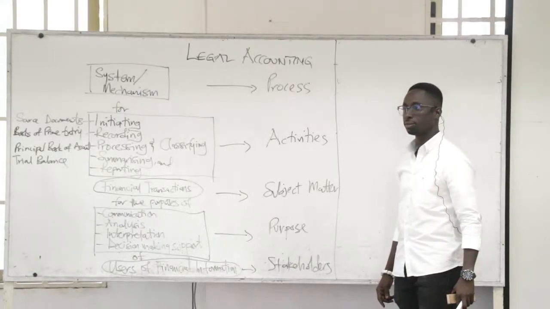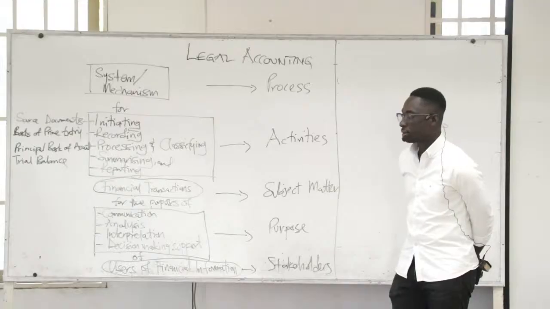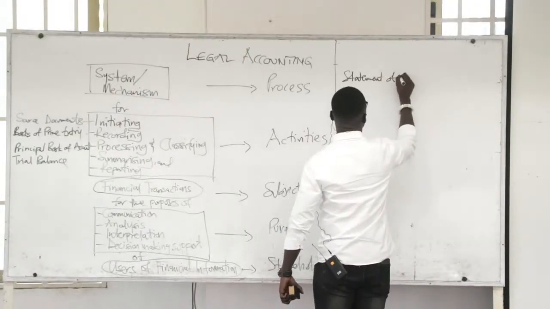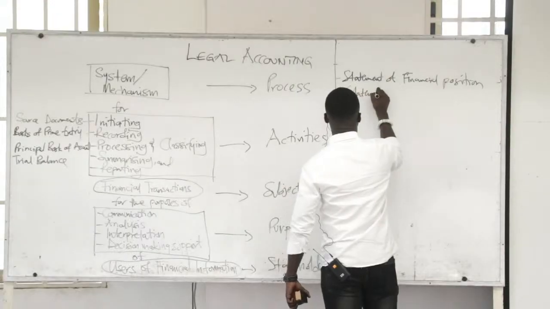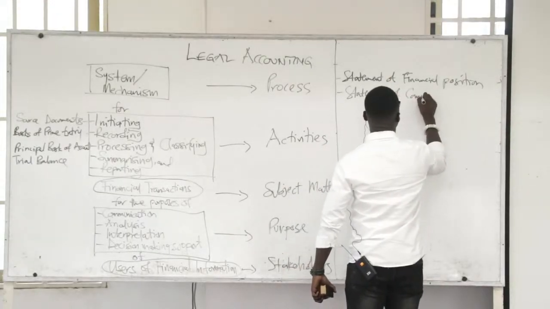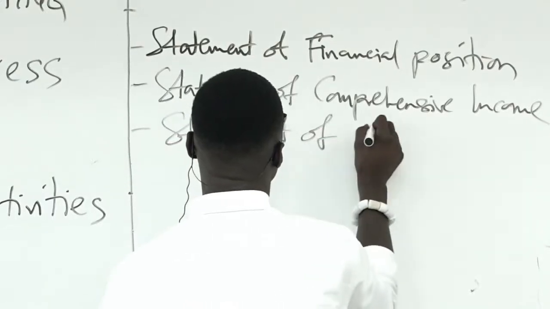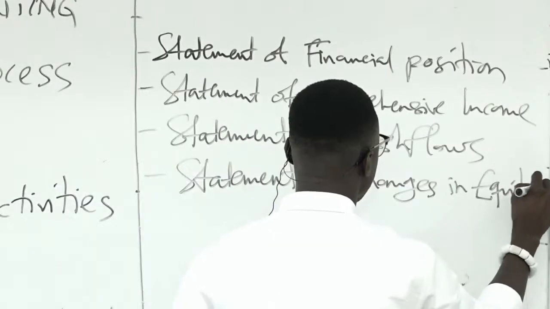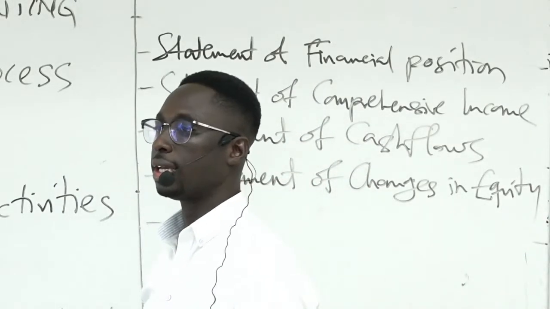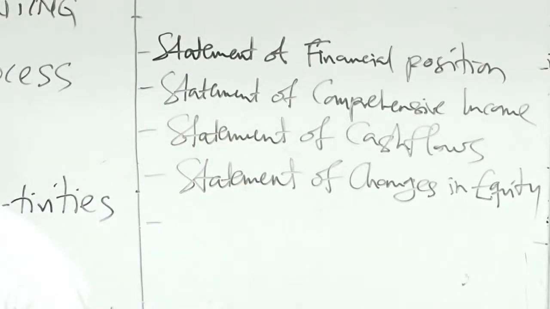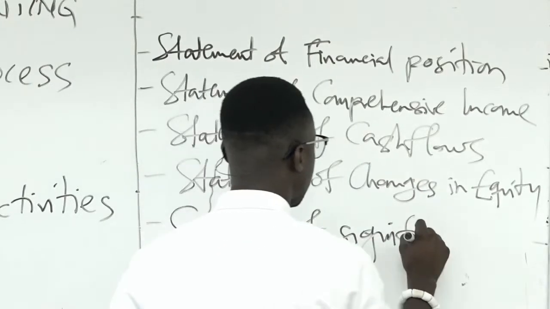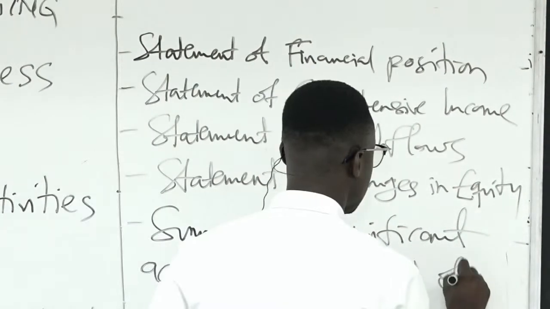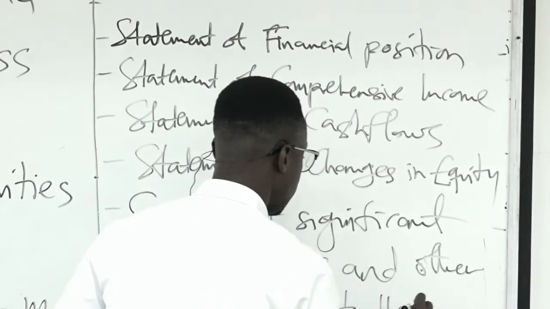Okay, I'm reading from the Act: a complete set of financial statements comprises a statement of financial position, a statement of comprehensive income, a statement of cash flows, a statement of changes in equity, and lastly a summary of significant accounting policies and explanatory notes to the financial statements.